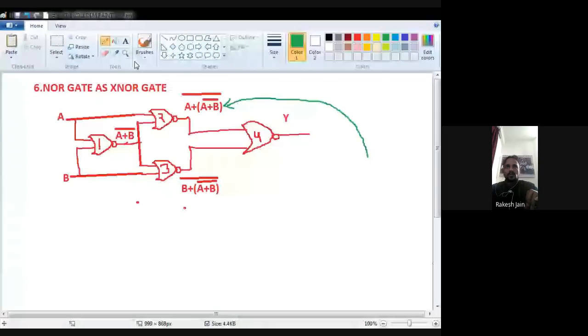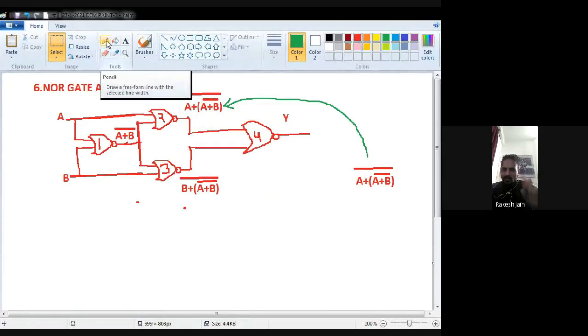Okay, first of all, see this fourth NOR gate realization. To simplify this line, I am simplifying it here.